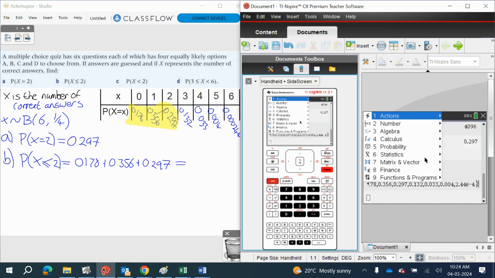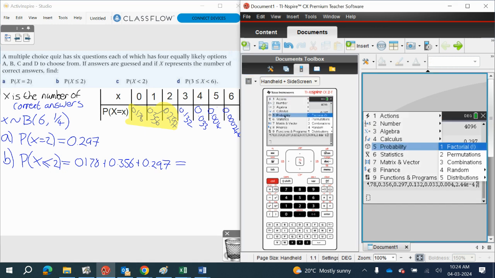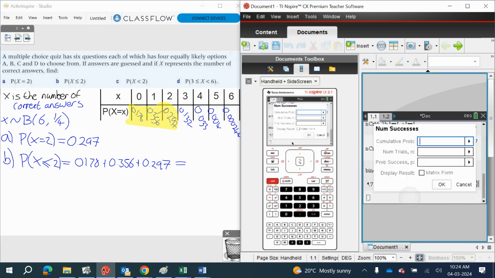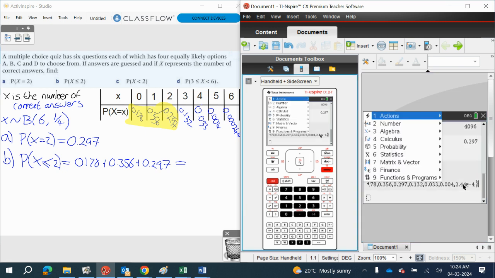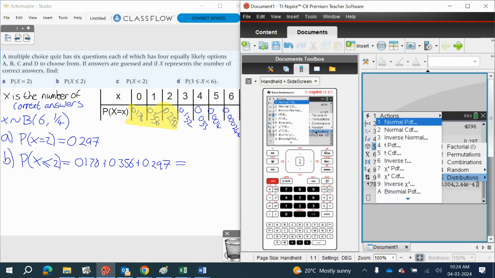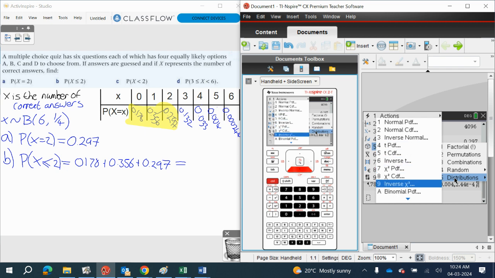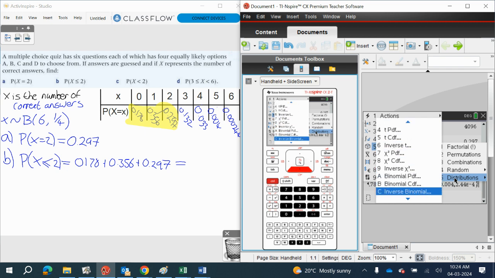We turn back to the calculator and we do probability distributions, and then you scroll down. Menu, probability distributions, scrolling down. You'll notice binomial CDF. So to remember the difference between PDF and CDF, P is when you want a particular number.